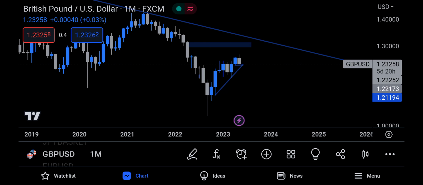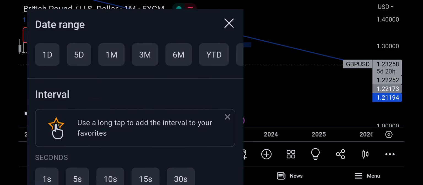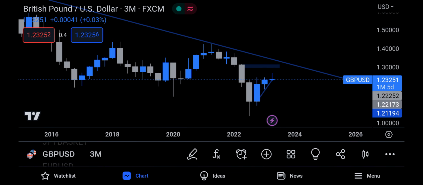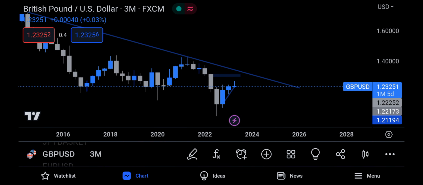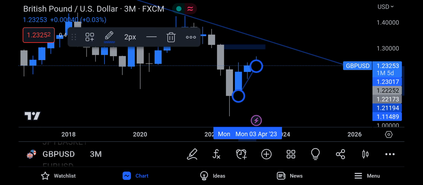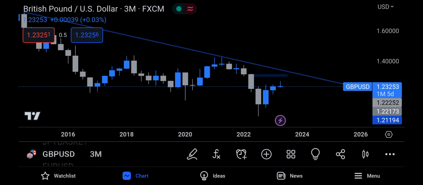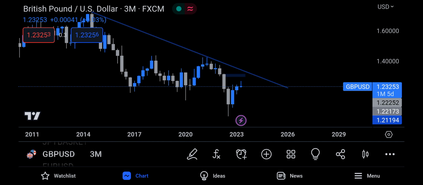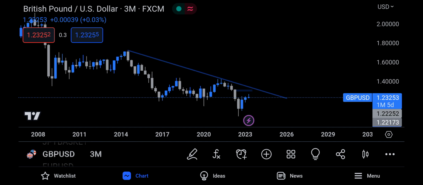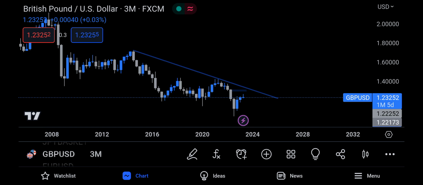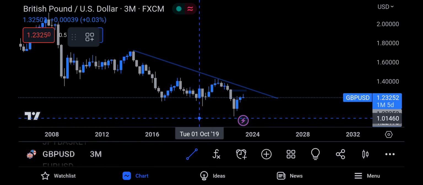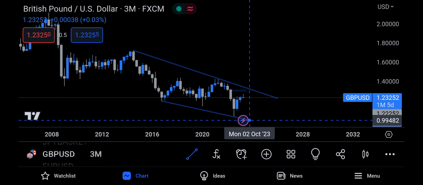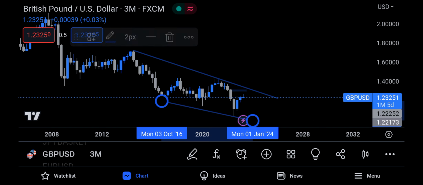Okay, or should I start with the 3 months time frame, because I think we have a good market structure there. Okay, I think let's start from there, then I'll take this out. Hold on guys, just trying to connect this.